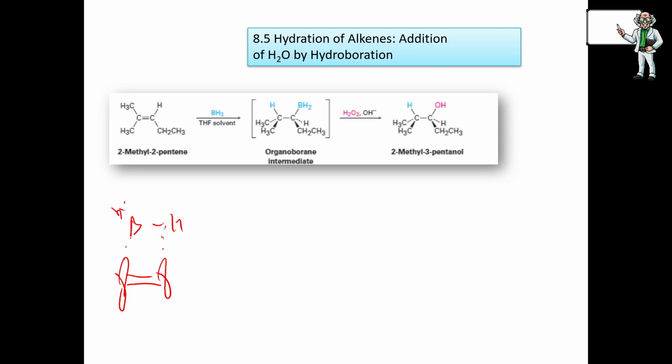This is bigger. That means that it will approach the smaller position of the double bond. That means the boron will form a carbon-boron bond with the less substituted part of the alkene, while the hydrogen, because it's smaller, will fit better in the bigger part of the alkene. That means that in this case, here we will have the hydrogen, and here we will have the boron.